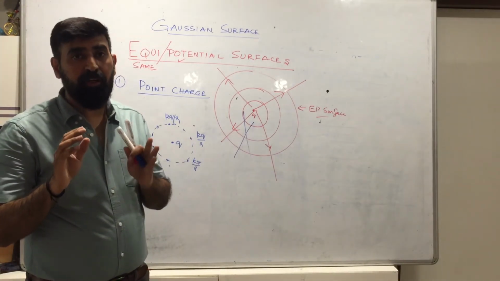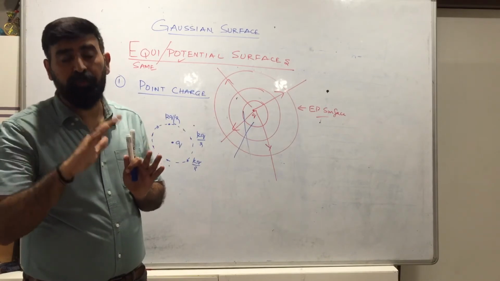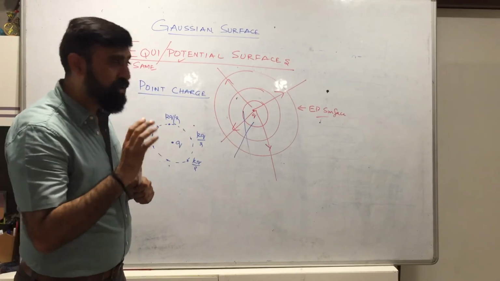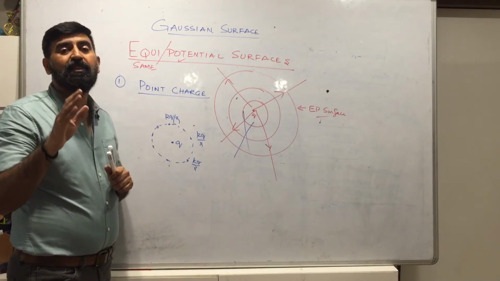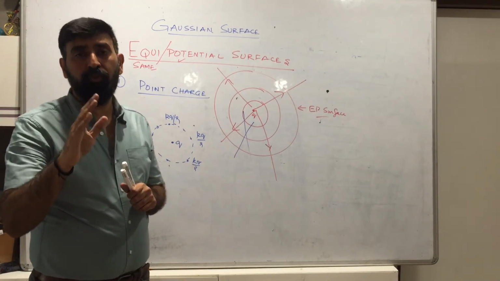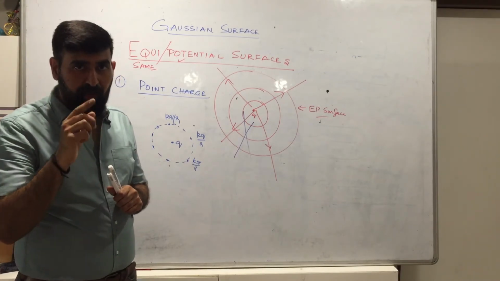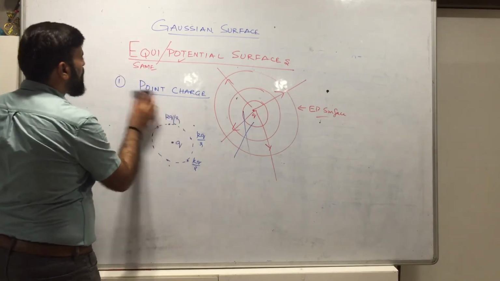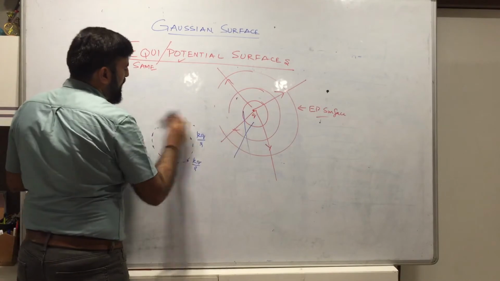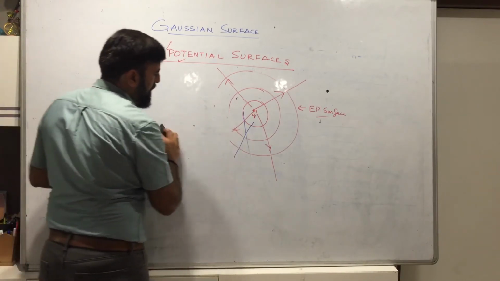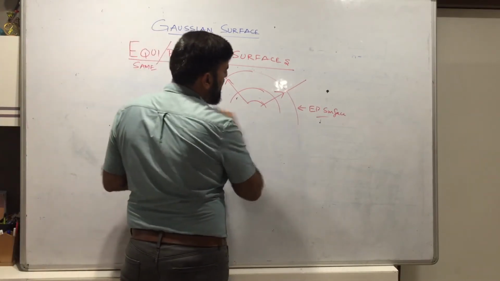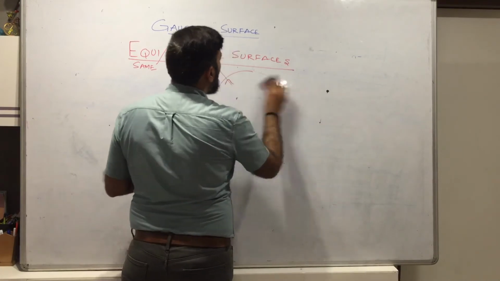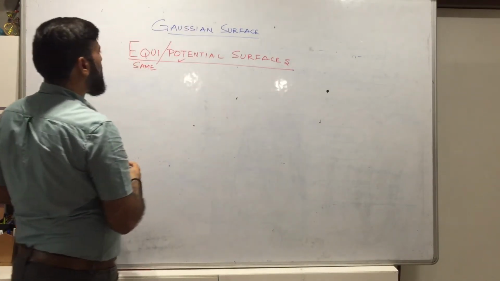When NCERT people ask you a question, there's a logic behind the question, right? So the question is, draw the first three equipotential surfaces due to a point charge. I'll put another question. The answer of both will be the same. In fact, you can put all these questions as points in the properties of equipotential surfaces.